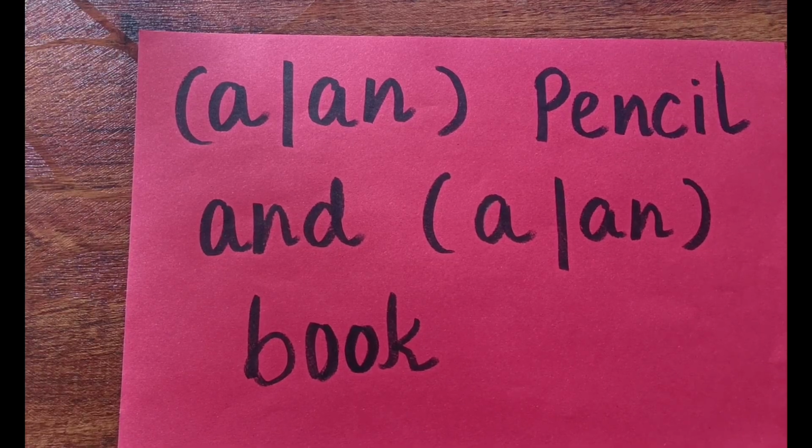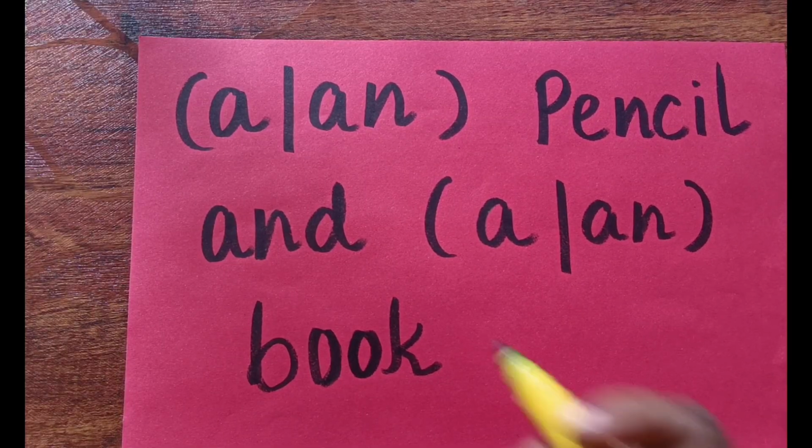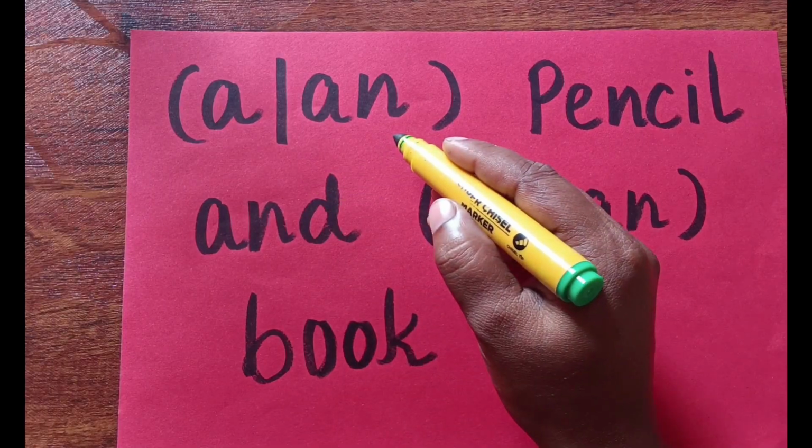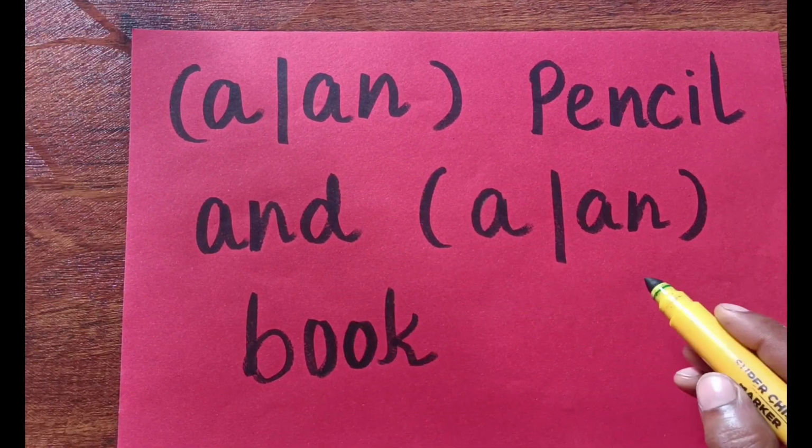For more practice, let's have a quiz. Circle the right word. A, an pencil, and a, an book.